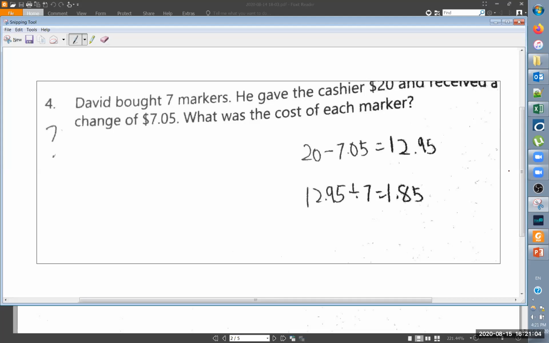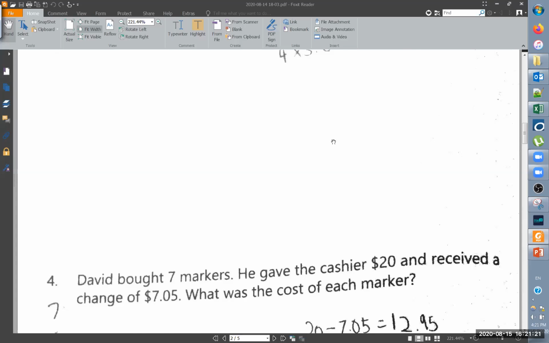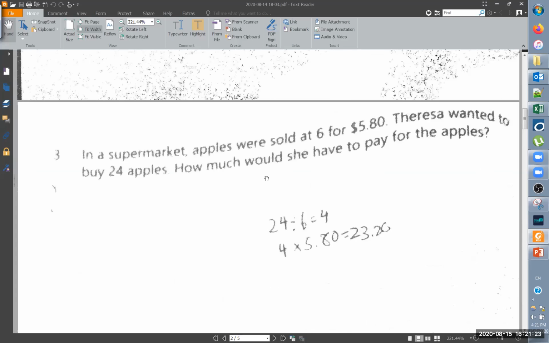Because if you don't know what is 1, how do you know 7? How do you know 2? So you need to know 1 is how much. Just like the previous question, 6 apples is 5.80, you have to know what 1 is.